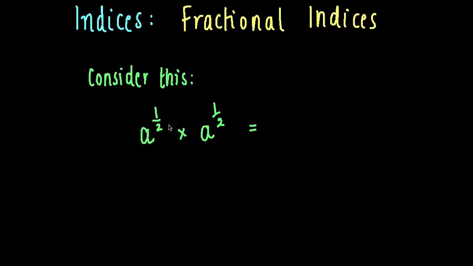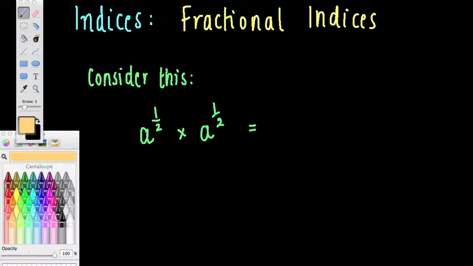Now, to start off with, let's look at this case that I want you to consider. If we had a number to the power of a half multiplied by itself, so multiplied by another number to the power of half, that same base a, let's first work it out using just our normal index laws that we've studied already. Let's add the indices and see what result we get.